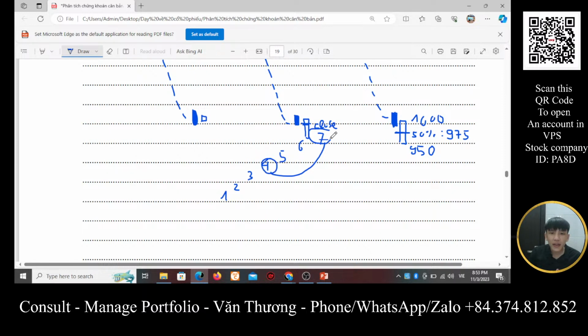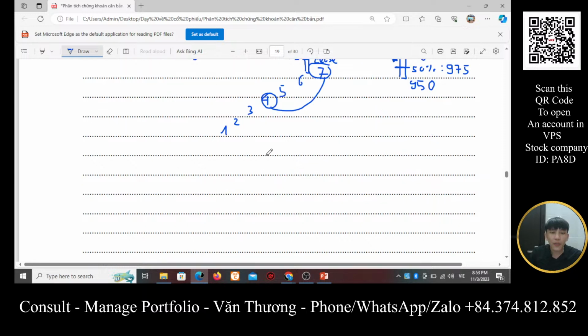The criteria for this day: the index has to close above 1.5% with gigantic volume. The volume is bigger than the previous day and above the 50-day volume average. Let me give you a perfect example.